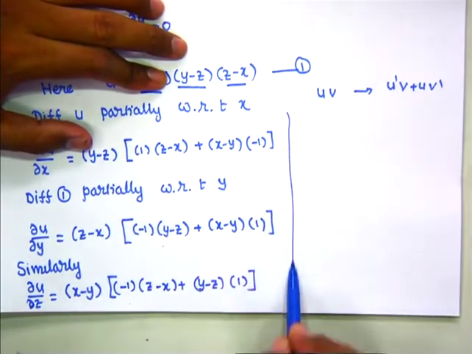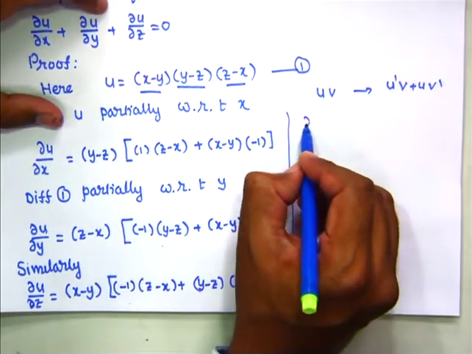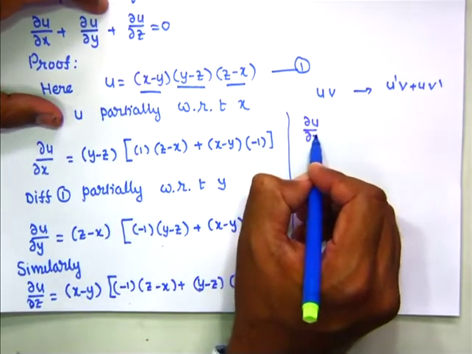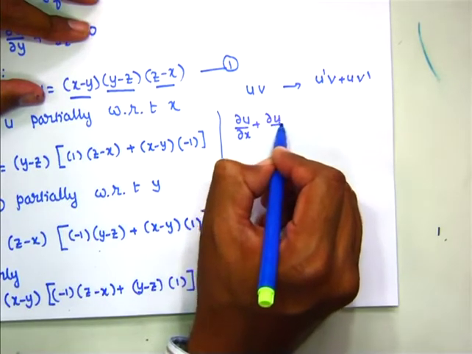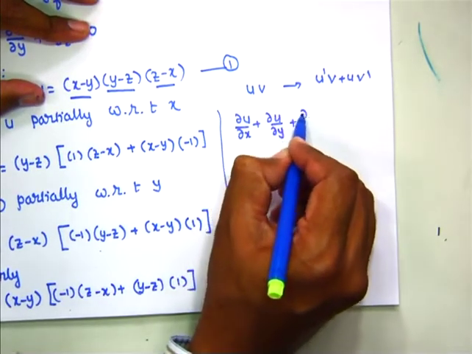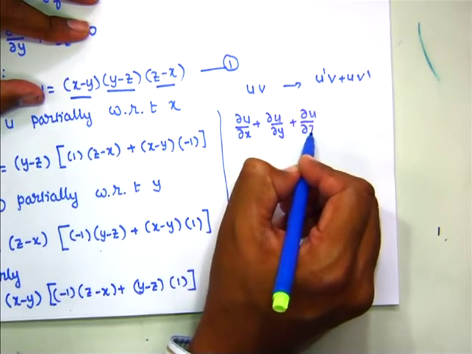Now we add this 3, del u by del x plus del u by del y plus del u by del z.